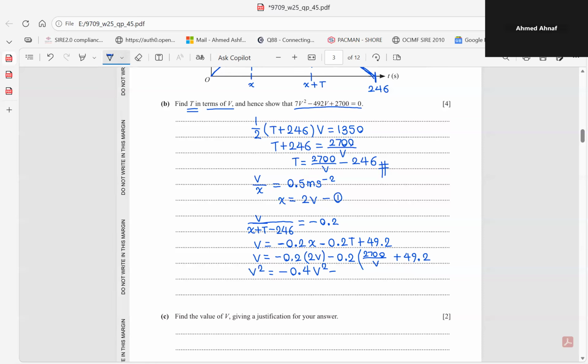So this one will be minus 246. So v is going to be minus 0.2 times 2700, so minus 540, minus 0.2 times 246 times v, which gives 49.2v, plus 49.2v.